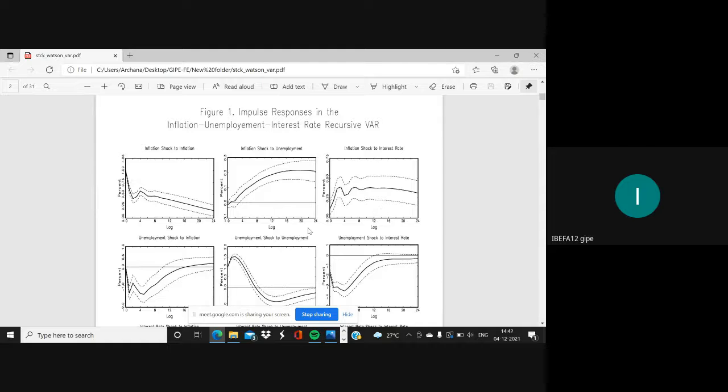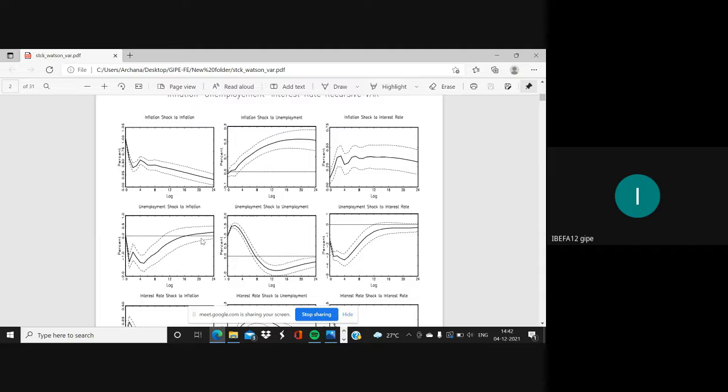One thing you'll notice is that the impact of the shock generally dies out over time. Once the shock has been transmitted, it keeps affecting the particular time series for several periods, and then somewhere it begins to die down and the time series will converge to its long run equilibrium value.